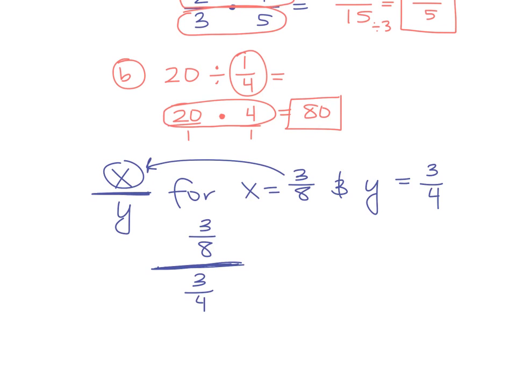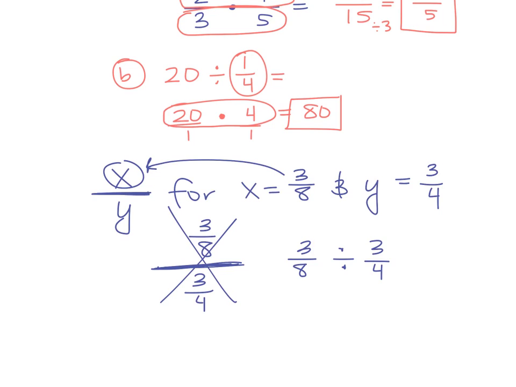Now, I don't ever need to see it like that from you. If you want to just write it the way we've been writing it, which I feel like makes more sense to people, okay? Essentially what we're saying is 3/8 divided by 3/4. If I were you, I would just start with that. I would not even go here. But if it helps you to see it that way, that's fine.